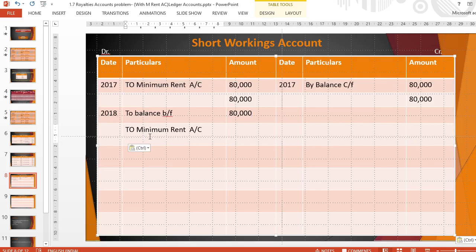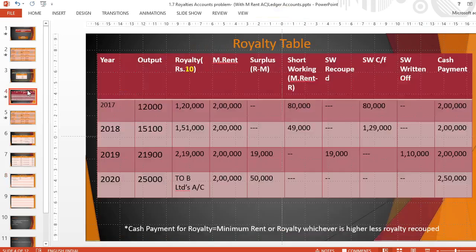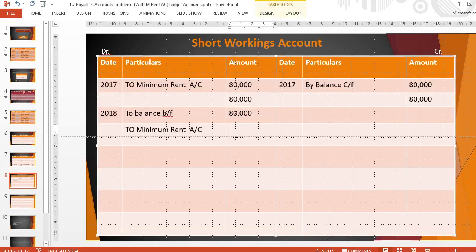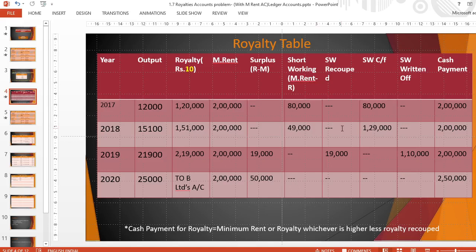To minimum rent account. I'll check. The short working for the second year is 49,000. So here 49,000 rupees. Then again I'll check, is there anything for recoupment, and nothing for written off. So the entire 1,29,000 is carried forward.